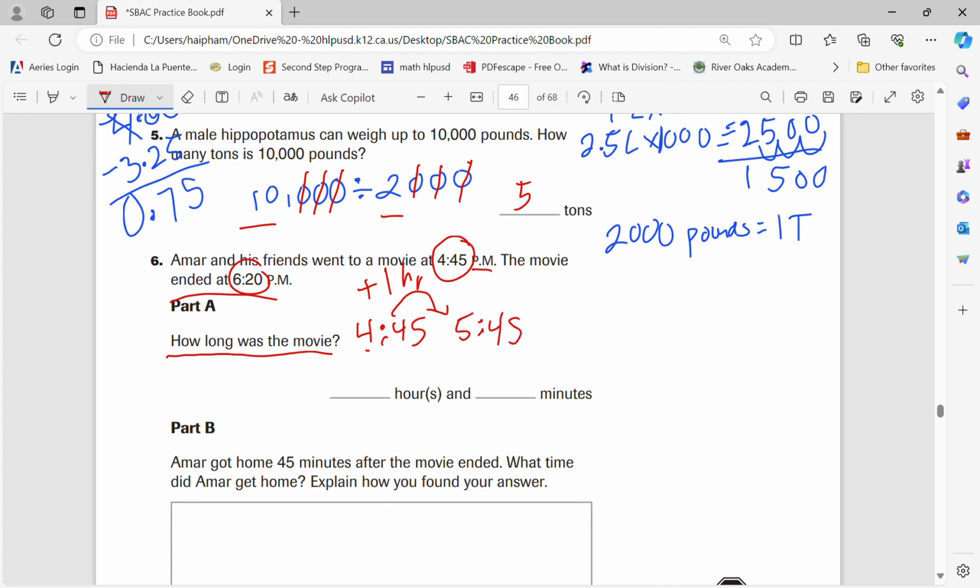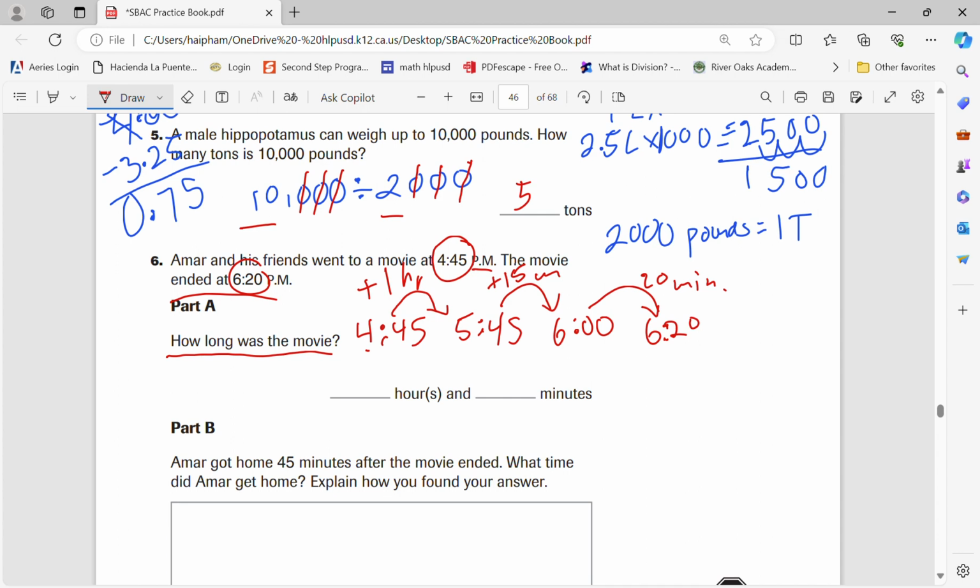Okay. Now, from 5:45 to 6, we need to add our 15 minutes. So let's add 15 minutes here. 6 o'clock. And from 6 to 6:20, we're going to add another 20 minutes here.